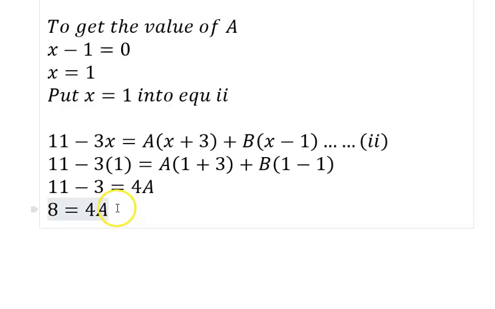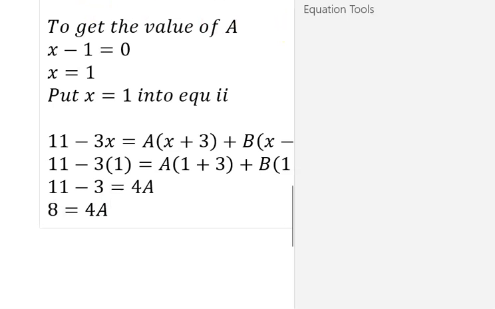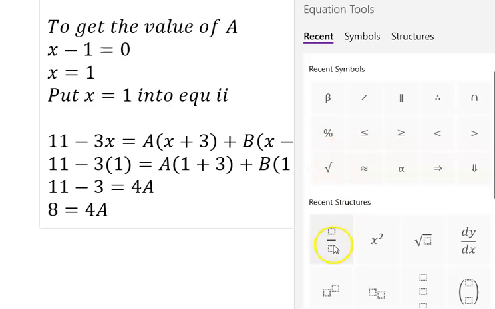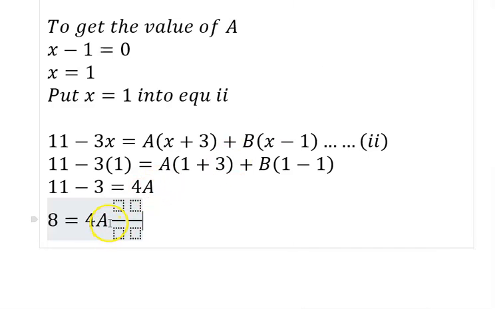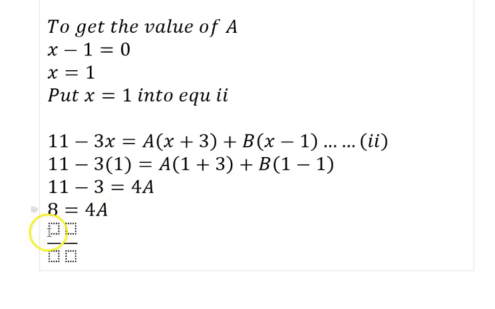Awesome. So with this now, if we divide both sides by 4, just to get the value of our a. Here you have your 8 divided by 4.